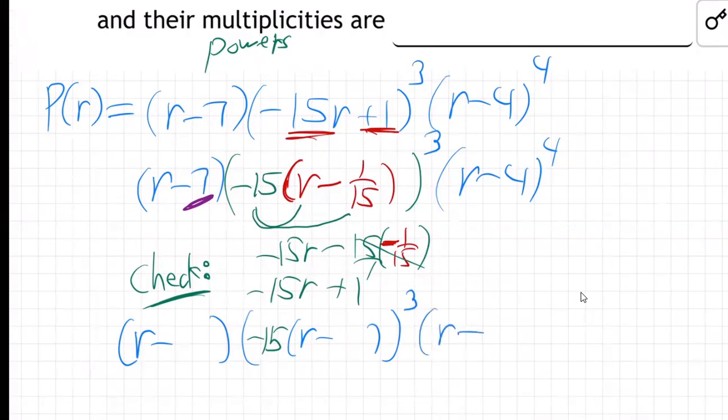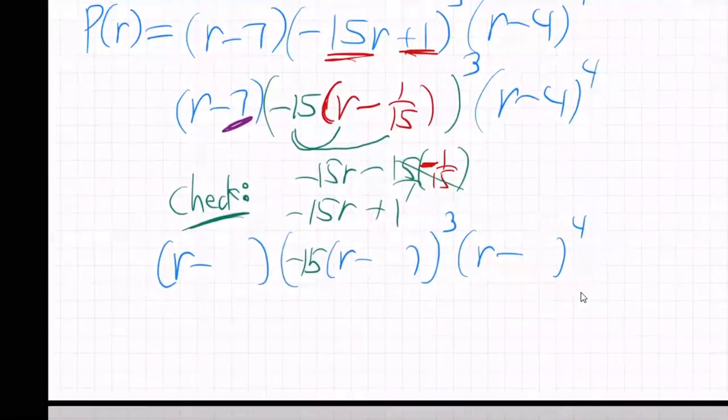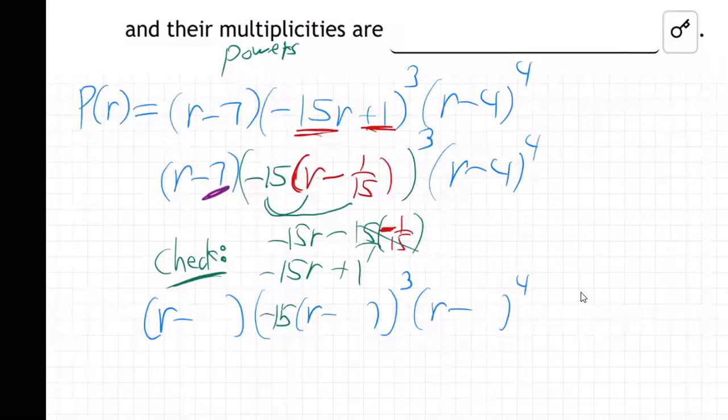And R minus. Ooh, bumping things here. Okay, so I want you to tell me what goes right there, what goes right there, and what goes right there, because those are the roots.